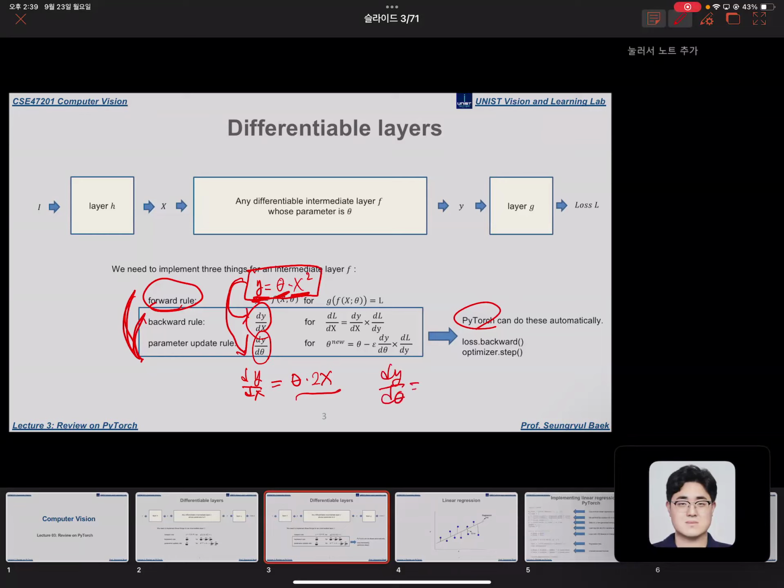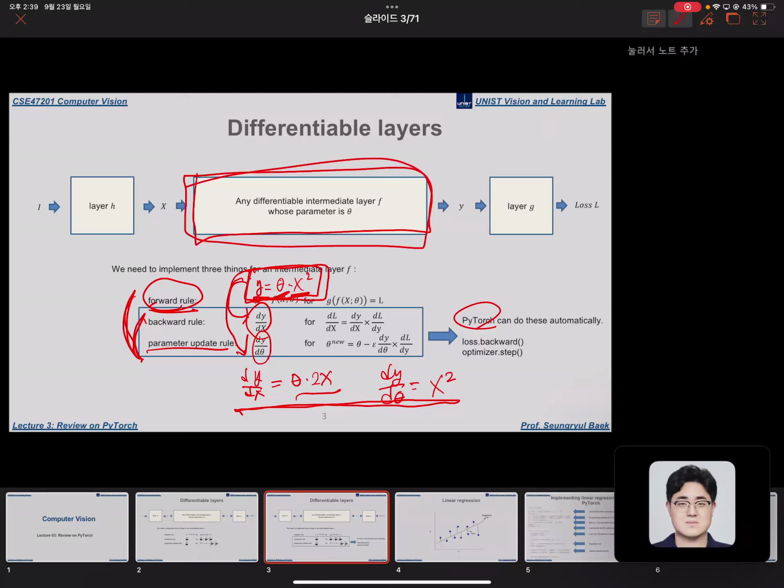So you have to calculate this by yourself, given one forward rule, and you have to write code for forward, backward, and parameter update rule by yourself. So at the code level, for each layer F, you have to make some method like this, taking X and returning the output. So you have to write the code for this forward rule, right?